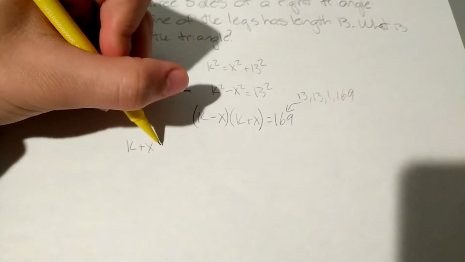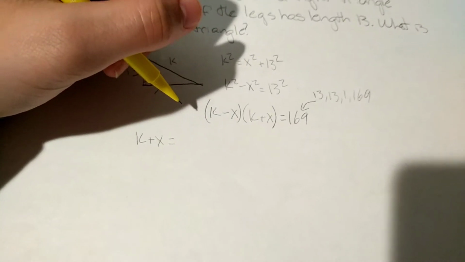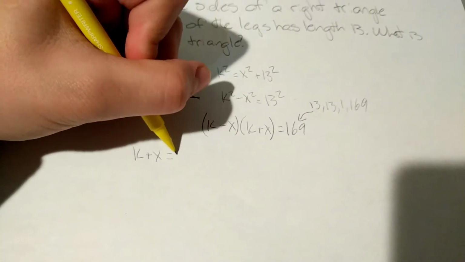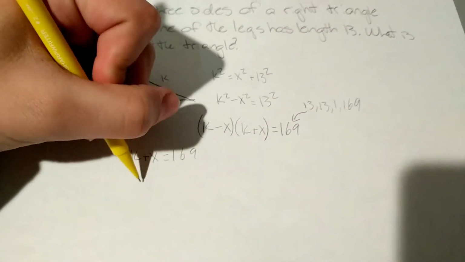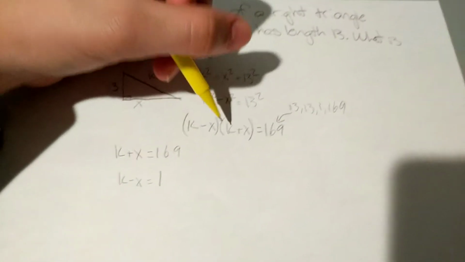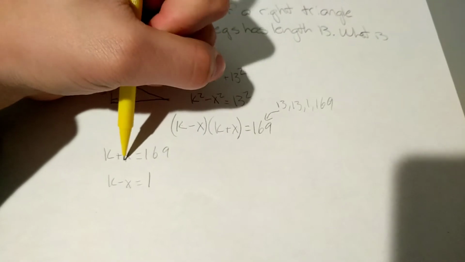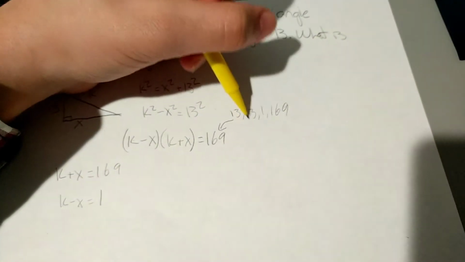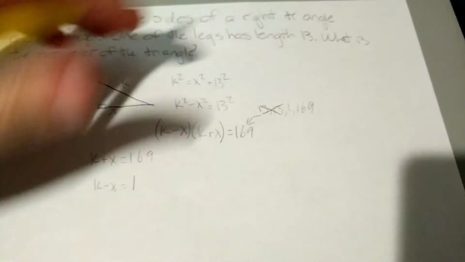So k plus x has to equal 13 squared, or 169, and then k minus x has to equal 1. We know they can't be 13 and 13, because then x would have to be 0. So those two don't work.